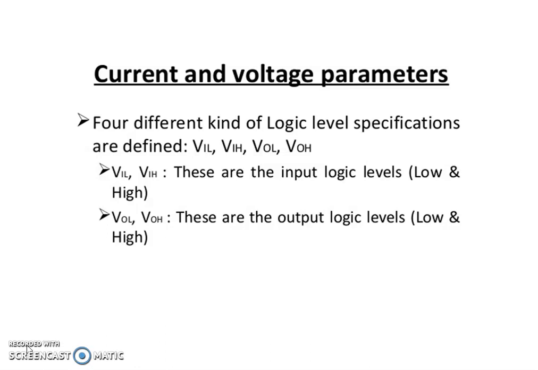Now what happens in voltage of input logic level low? It is the maximum voltage level applied at the input that is recognized as a legal low level for the specified family. For the standard TTL family, an input voltage of 0.8 V is a legal low logic state.